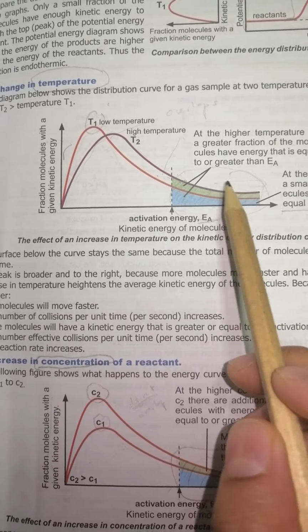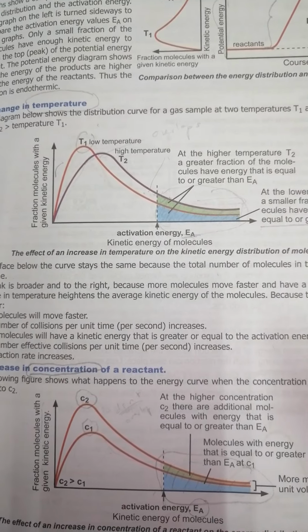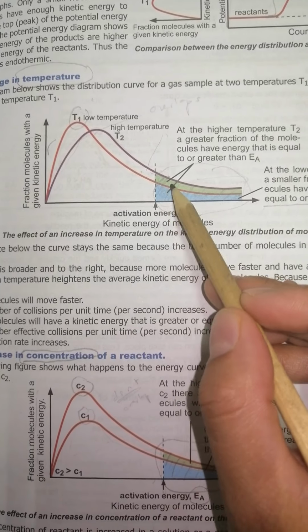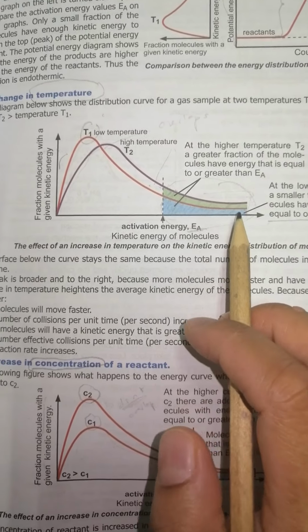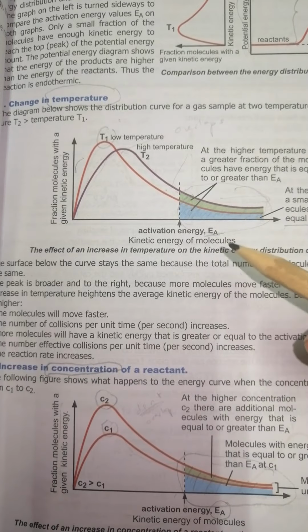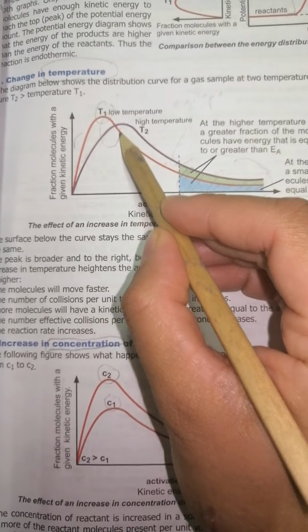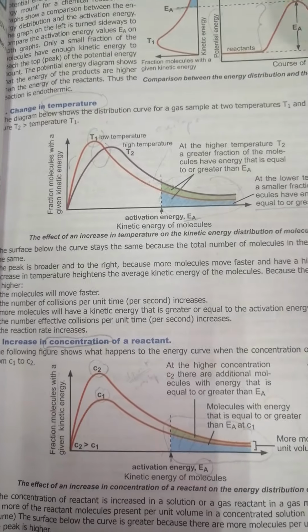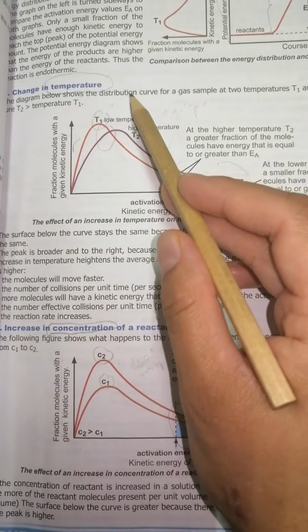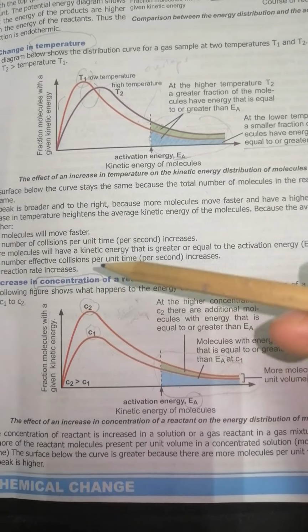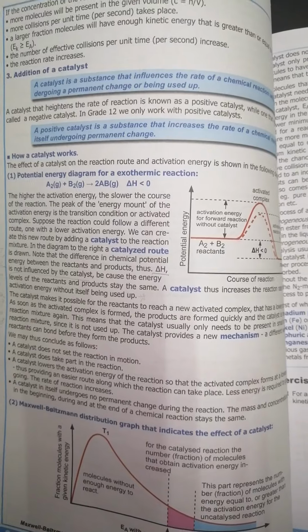So when you shift it to the right, the whole graph shifts to the right, which gives you a higher energy after activation energy. And because you're shifting it to the right and not upwards, you will have an intersection in this graph. So if you see a shift to the right, it means you're changing temperature. And if you see a shift upwards, it means you're changing concentration.